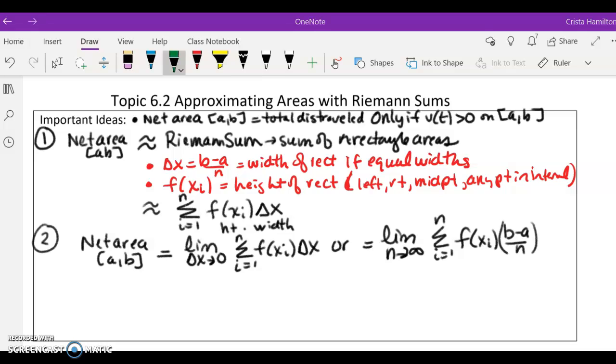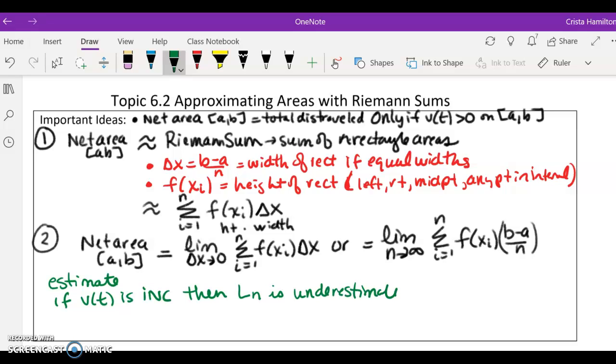All right, a couple of facts about the estimate that we did: if our velocity curve, if v of t is increasing, then our estimate, I'm going to use the notation, the left estimate is an underestimate, and the right is an overestimate.